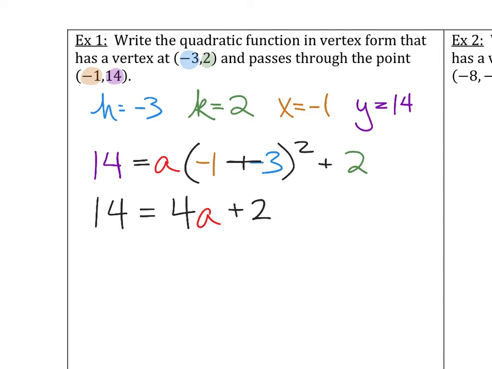That's 4. Thank you. The next thing I'm going to do is to do what? Does anyone remember the next step? All right, Robert, what are we doing? Subtract 2 from both sides. Very good. That means that we're going to have 12 equal to 4a.